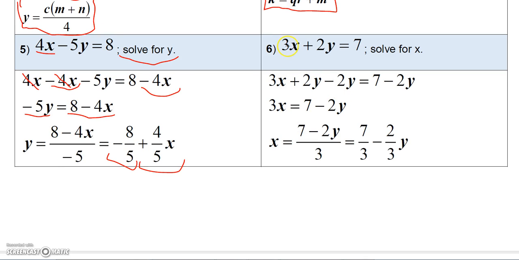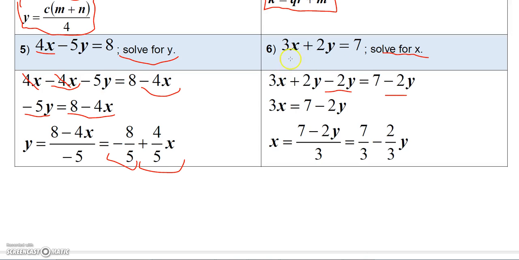This other one here is also a linear equation, and it says solve for x. So since I want to solve for x, I'm going to subtract 2y from both sides. Now, all through these lectures, I've been doing this horizontally, where I subtract the 2y out here.